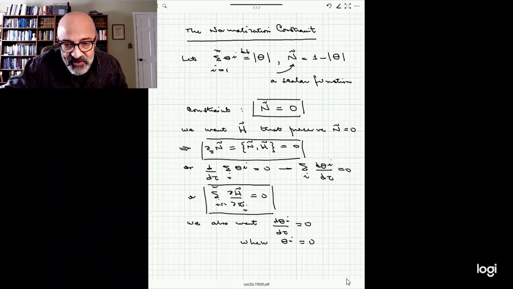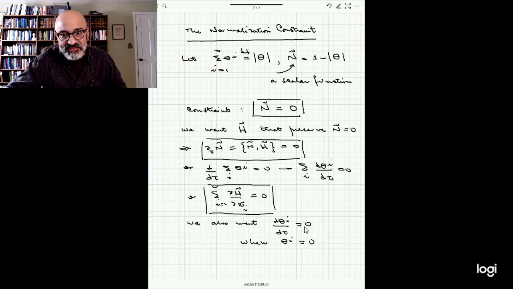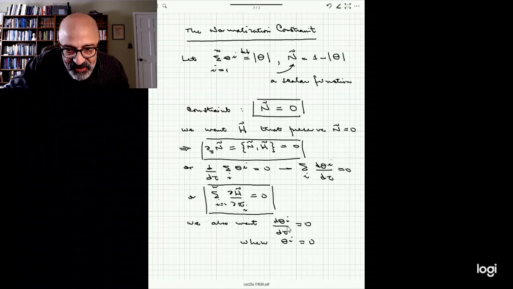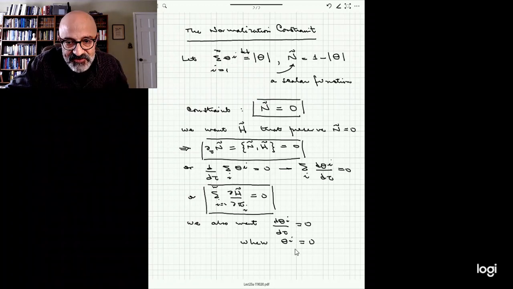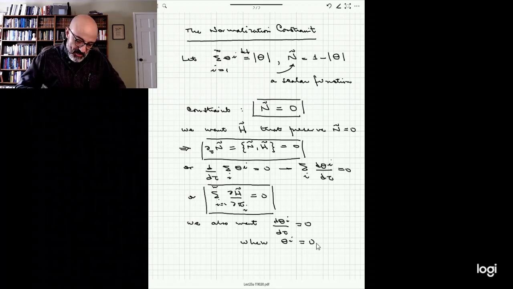So if you ever reach the boundary of the simplex, you want the velocity there to be 0 so that you don't exit the simplex. Notice that these are n equations, one for each boundary of the simplex, while this equation here is just conservation of probability, one condition. Boundary conditions are many. Very good.